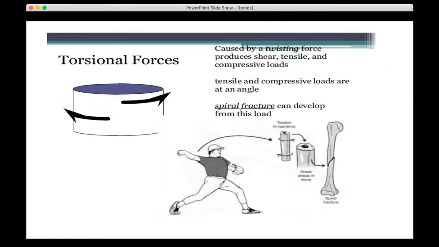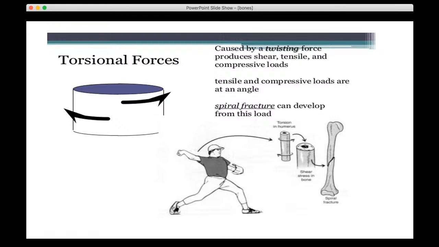The last one is torsional forces, which are due to rapid twisting force, and this can happen in many games. Again, this is a type of shear stress, and at that part bone is very fragile, and it can lead to a lot of fractures. A spiral fracture can develop from this load; the technical term is spiral fracture.